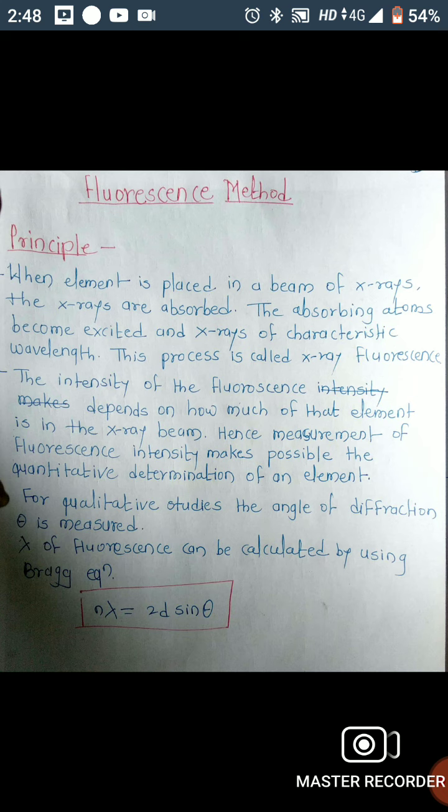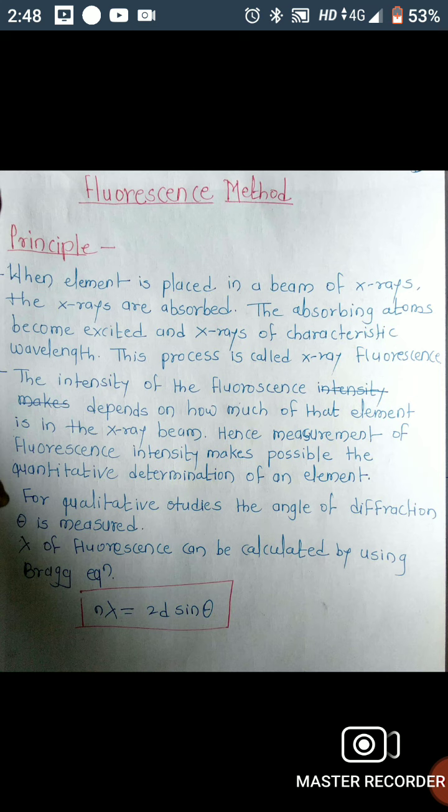When incident radiation, that is incident X-rays, falls on the sample, some are absorbed, some are diffracted, and some radiations get fluorescence, that means we get fluorescence radiation. When the sample absorbs this X-ray radiation, electrons of the atom get excited to a higher energy level.